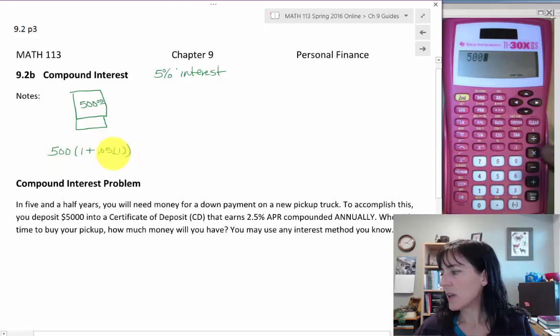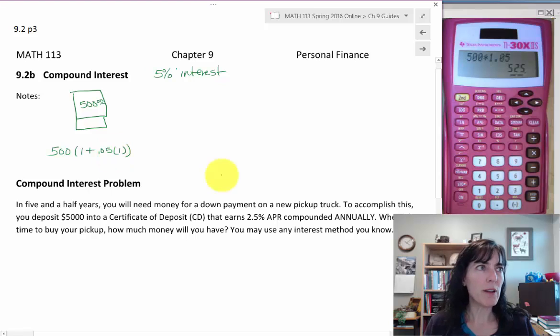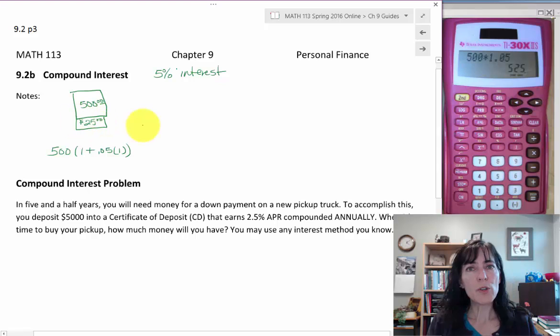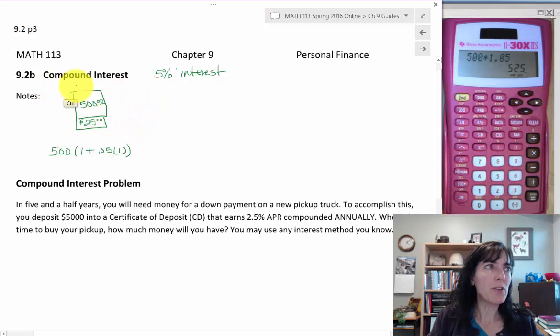So 500 times 1.05, and we get $525. So we're earning $25 in interest after the first year. So now we have $525. So this is year 1.